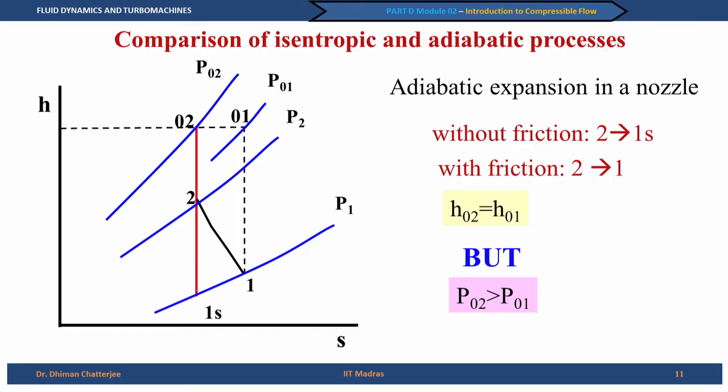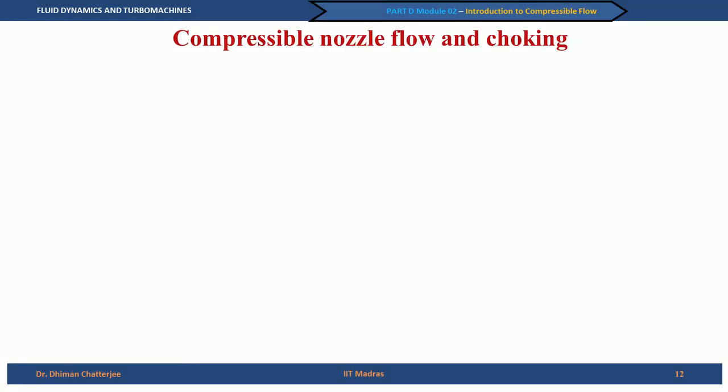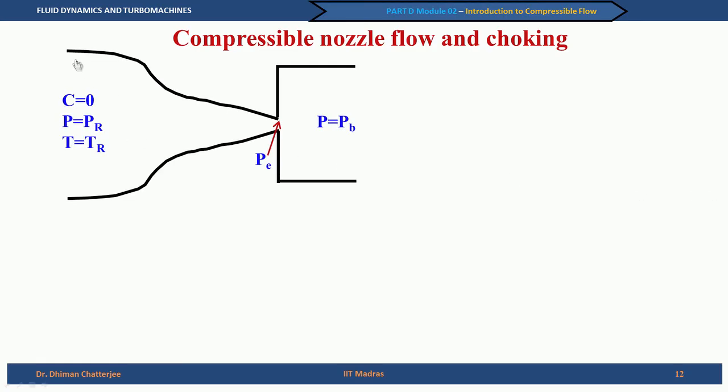The next thing that we need to know is compressible nozzle flow and choking. So, let us say that I have a reservoir here. In the reservoir, the velocity of flow is 0, the pressure in the reservoir or the tank is Pr, and the temperature is Tr.